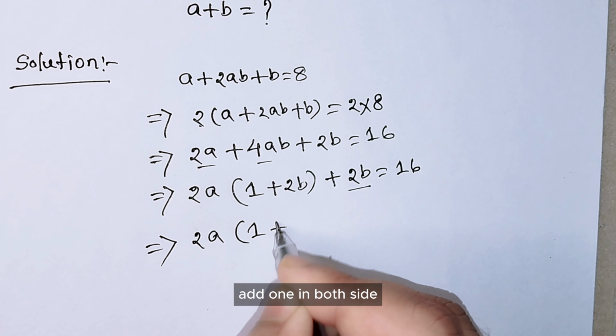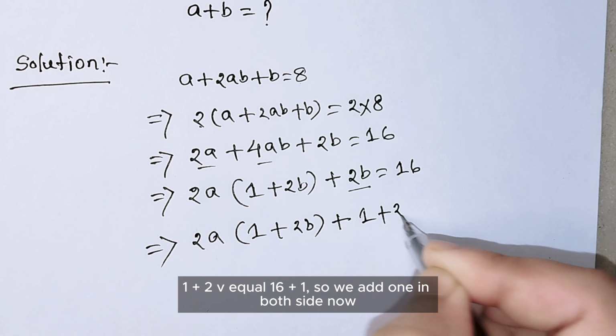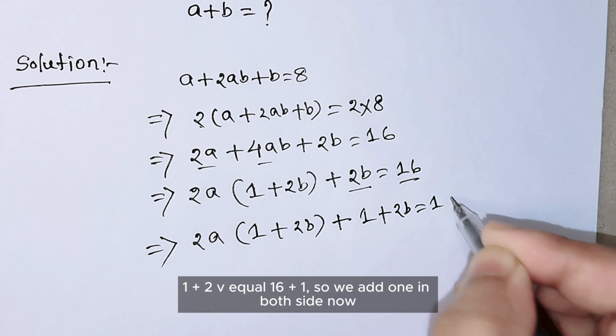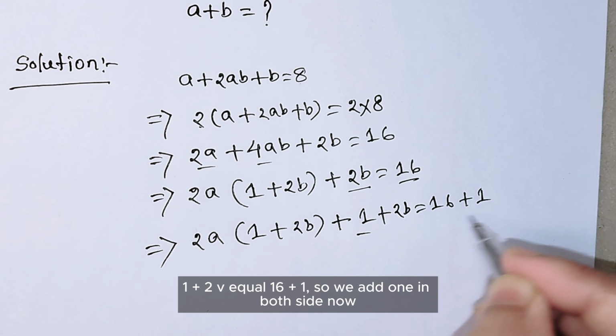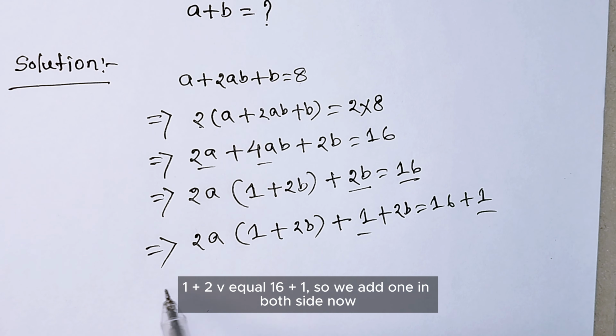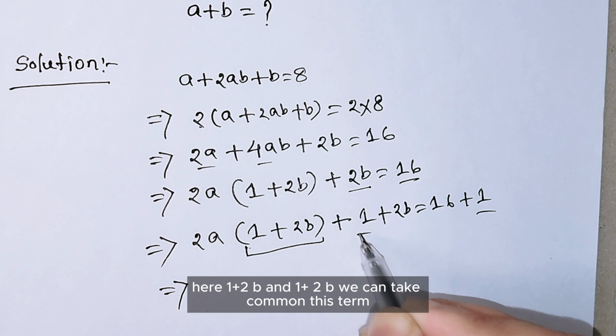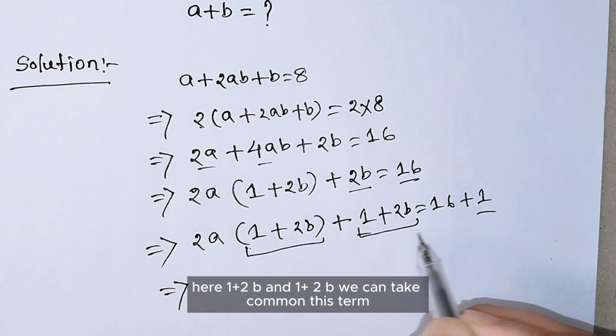Add 1 on both sides. 1 plus 2b equal 16 plus 1. So we add 1 on both sides. Now here, 1 plus 2b and 1 plus 2b, we can take this term common.